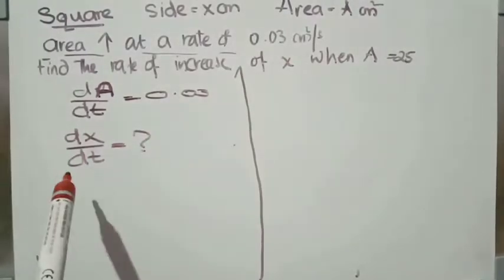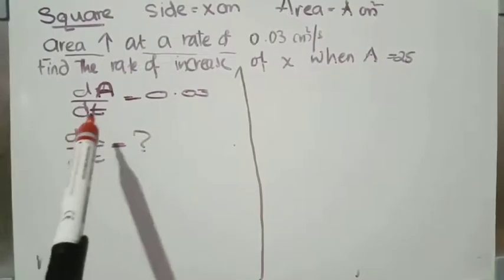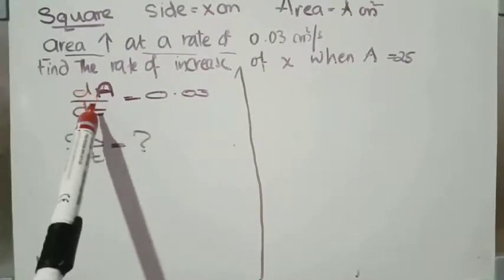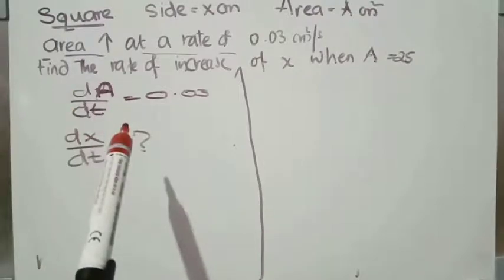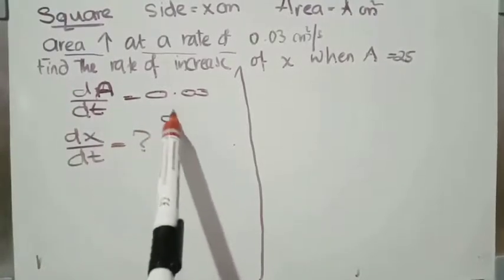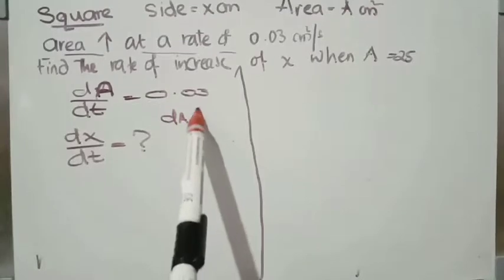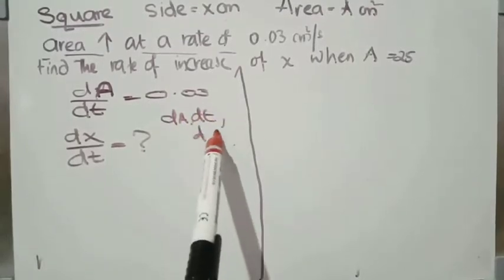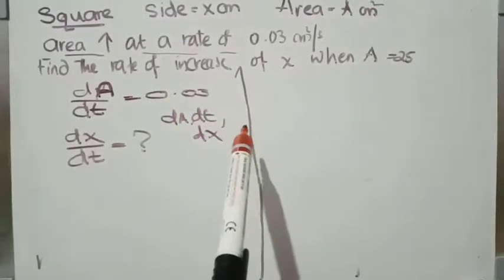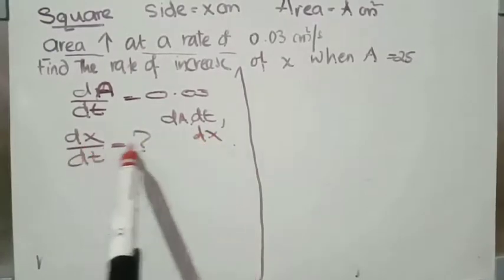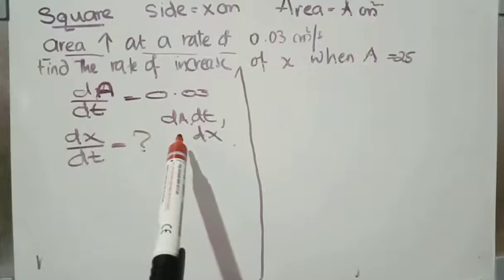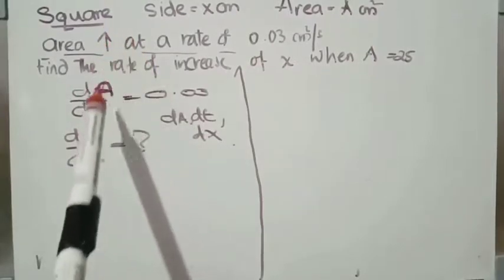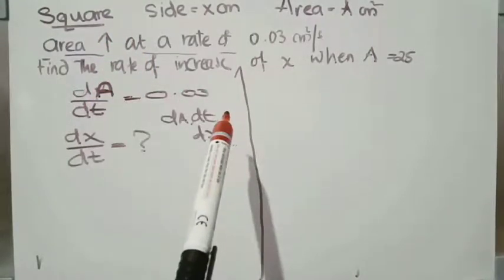So when you look at this question, it has three terms. What are they? dA, dt and dx. With the help of these three terms, we have to form the chain rule here. Before that, let's find the next given condition.